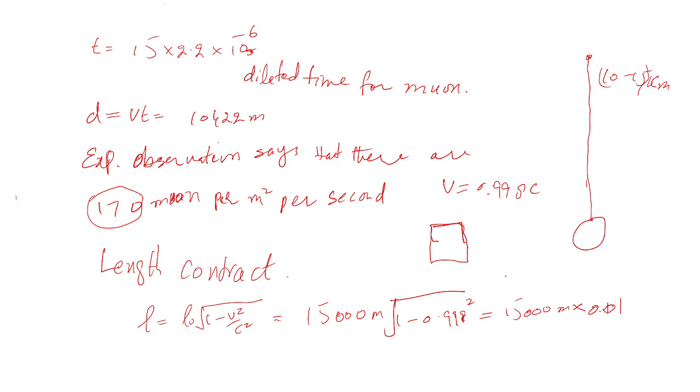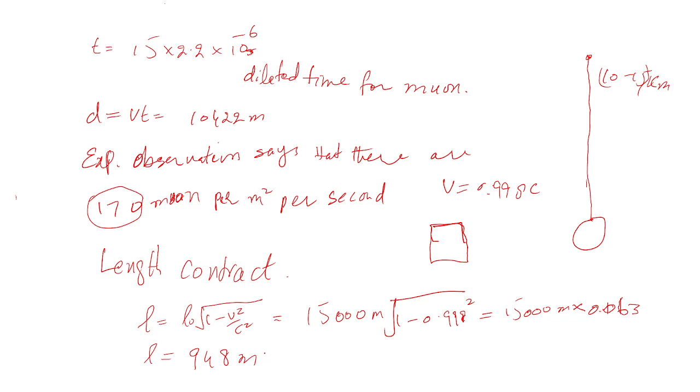So this is 0.063, and let's take it that much, and this will give you that the length is in fact 948 meters. So the distance is shortened for the muon because it moves with a speed comparable with the speed of light.